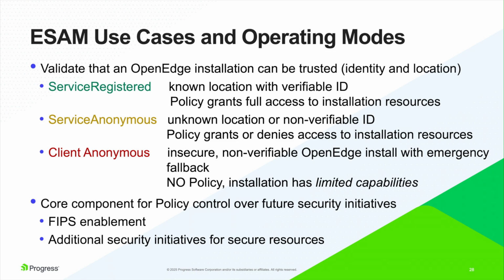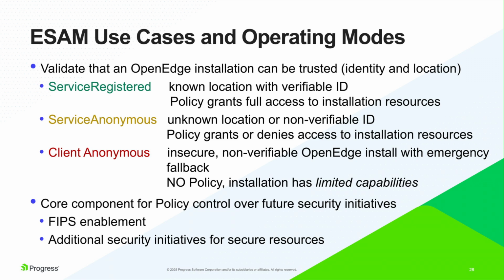There's an intermediate state called Service Anonymous. This is where we think that this may be an OpenEdge installation, but we cannot find a registered entry with the same ID or the same location on your system. The last is Client Anonymous. Client Anonymous is our emergency fallback.